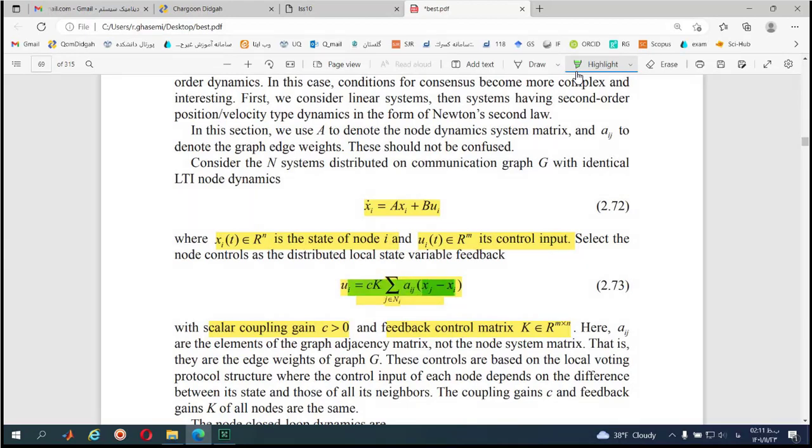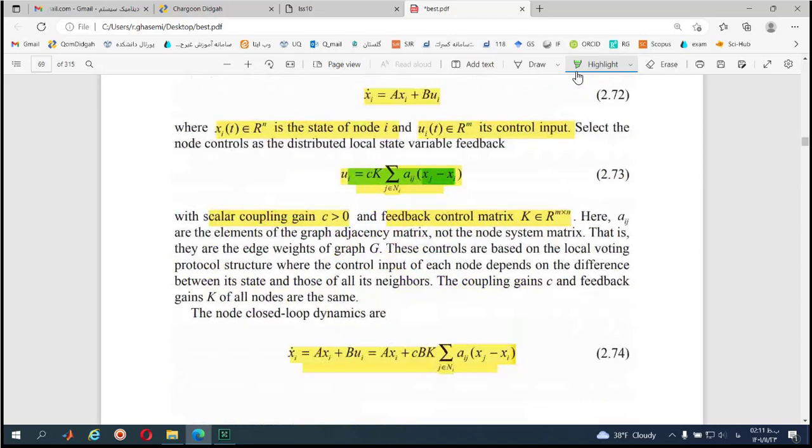The sigma means only the neighbors of the agent can affect the multi-agent system. C is a scalar gain, and K is a feedback matrix that should be chosen so that the closed loop of the system is stable.